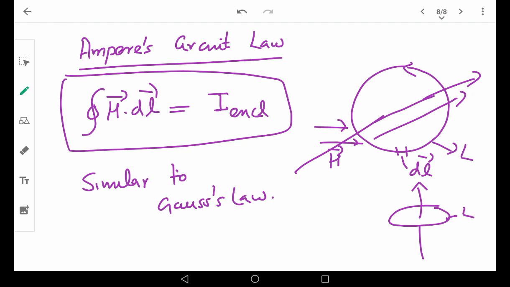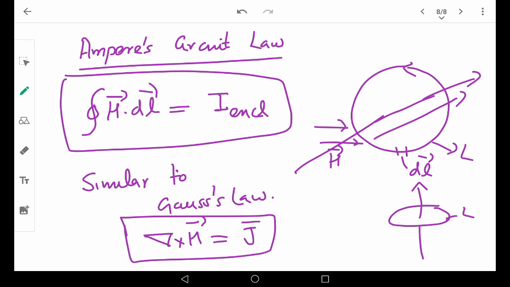From this, actually, you can get another law which is called del cross H equal to J. This is a Maxwell's equation, where J, as you know, is the surface current density, in amperes per meter square.